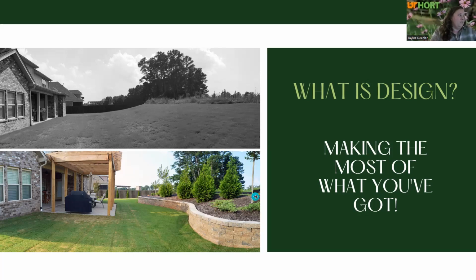And so what we do with design is we make the most of what we've got. Sometimes we can't change the giant slope in our yard, which if you saw my yard, you would be like, you and your husband are horticulturists and landscapers, because it doesn't look like it. Backyard, we've got a giant slope that eventually we hope to make a little bridge out to and put a little patio up at the top of the hill.